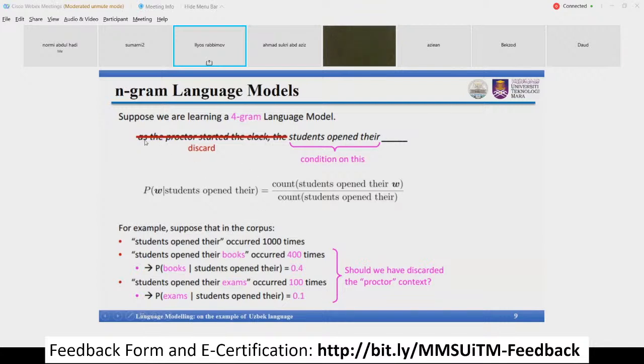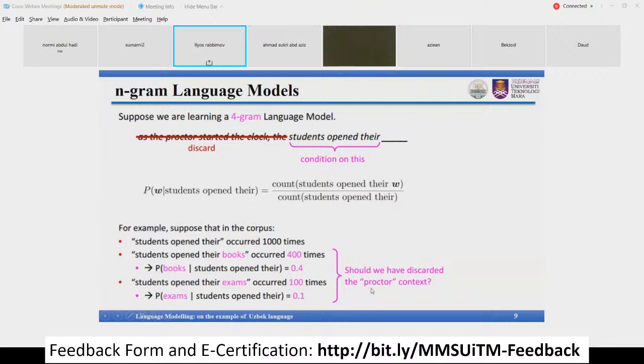You can see the sentence as if the proctor started the clock, and there and exams need to predict, but in our this probability is high from exam.